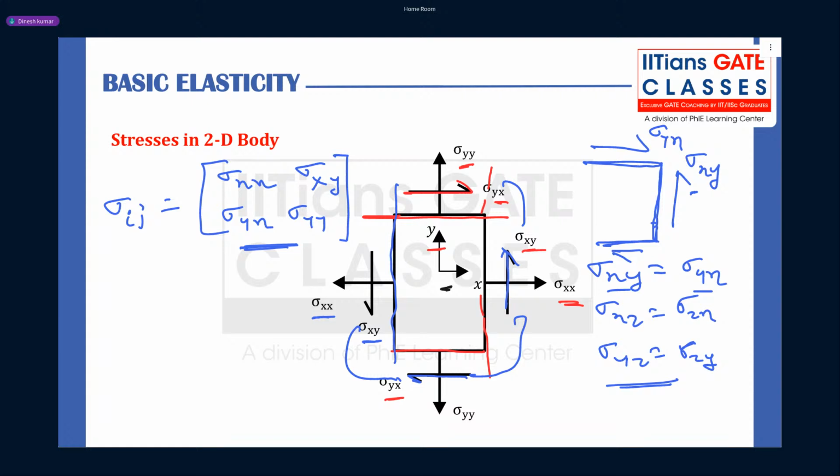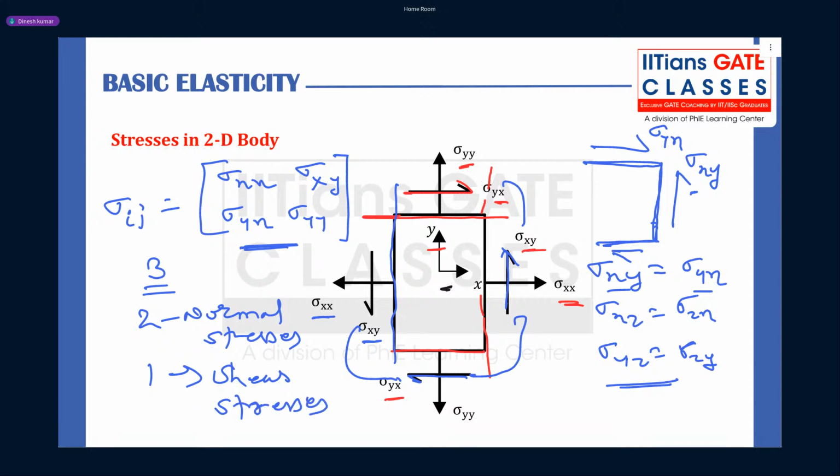There are two normal stresses and one shear stress. Clear? So there are two independent normal stresses and one shear stress.